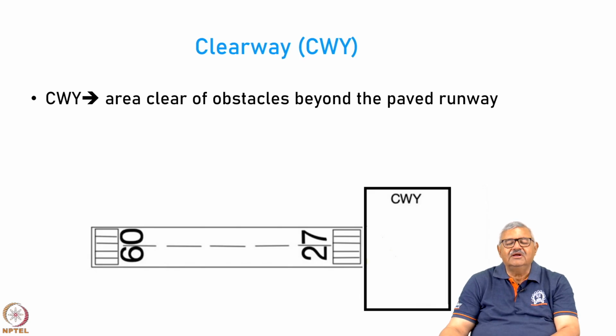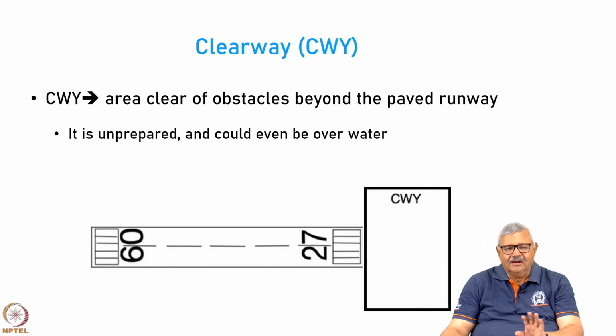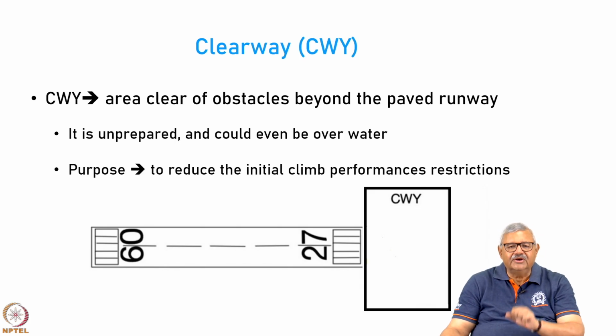Clearway is used only to clear the obstacle height. We expect the aircraft to have left the ground before the clearway, and clearway is generally used only to clear the obstacles. It is an unprepared piece of land, or it could also be over water. The purpose is to reduce the initial climb performance restrictions that could be there on the aircraft.